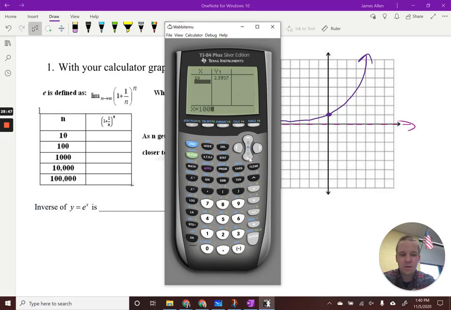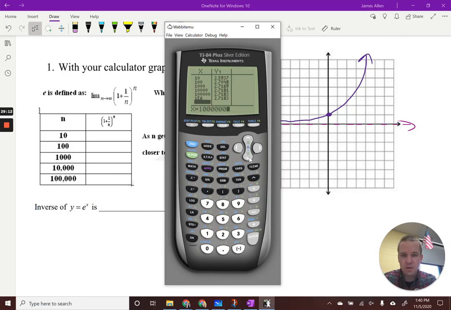For 10 I've got 2.5937, and if I do 100, I get 2.7048. If I do 1,000, and then 10,000, 100,000, and so on, what number is that approaching?